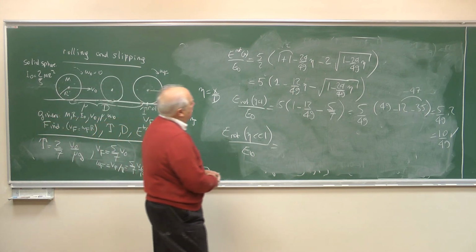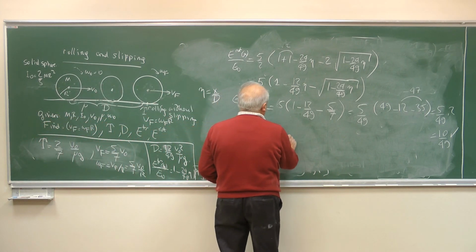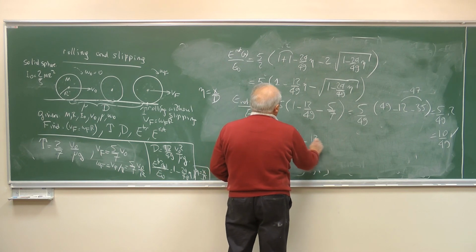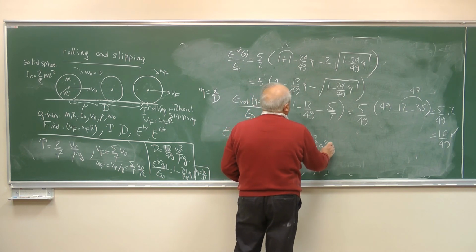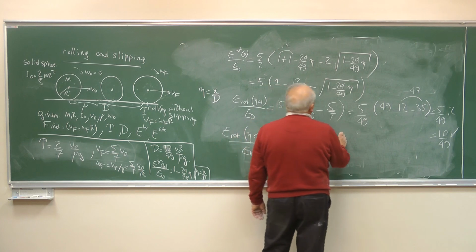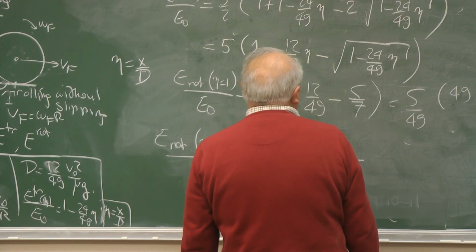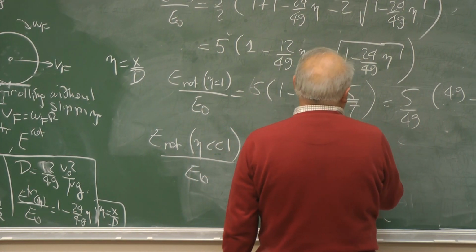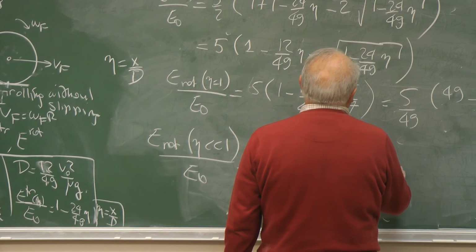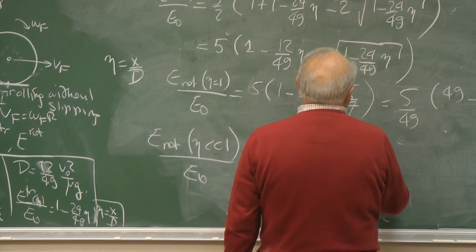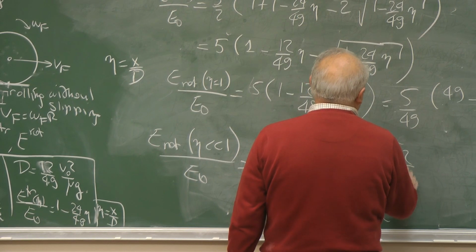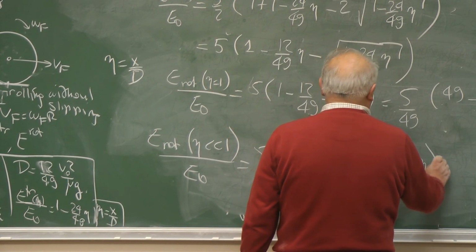So we'll just expand 5 times 1 minus 12 over 49 eta, etc.